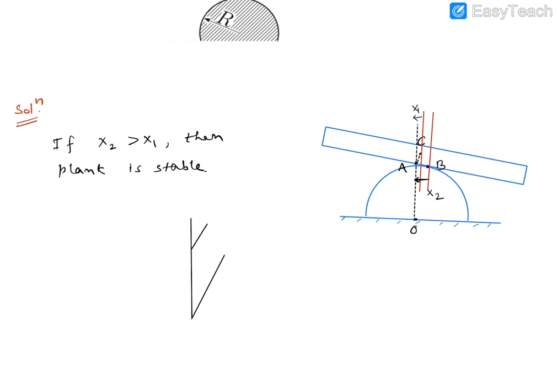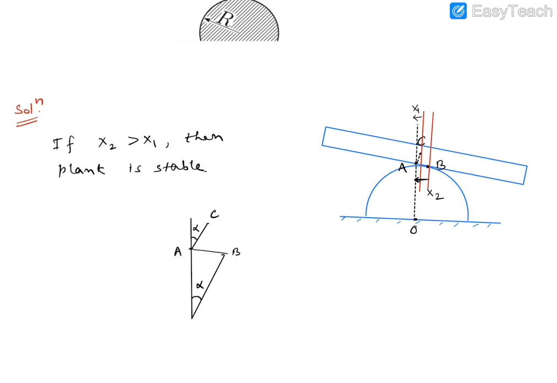So this point is A, this point is B, this point is C, and let's say this angle is alpha, so this is also going to be alpha. Why? Because AB is perpendicular here, and this is also perpendicular there, so these two lines are going to be parallel, and these two angles are identical.